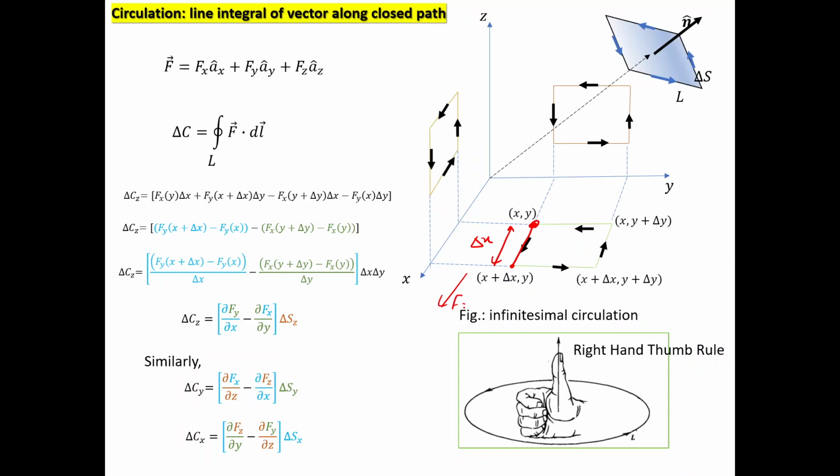The component of vector f along ax direction is fx, and the circulation direction is also in the direction of ax. Then using the formula f dot dl, we have fx multiplied by del x at any point y.